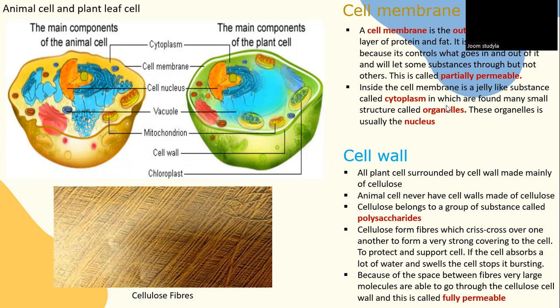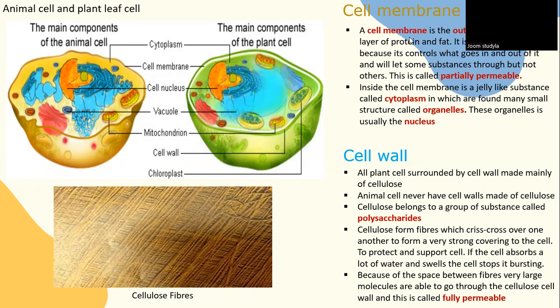Let's look at what the cell membrane is. Animal cells have a cell membrane, and plant cells also have a cell membrane.